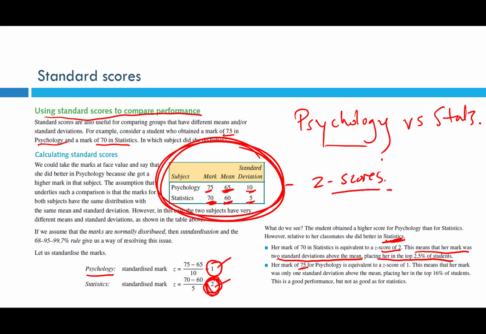Her mark of 75 for psychology is a Z score of 1, so she was 1 standard deviation above the mean, placing her in the top 16% of students. So this is a good performance, but not as good as statistics. That's all it is. It's not that hard.